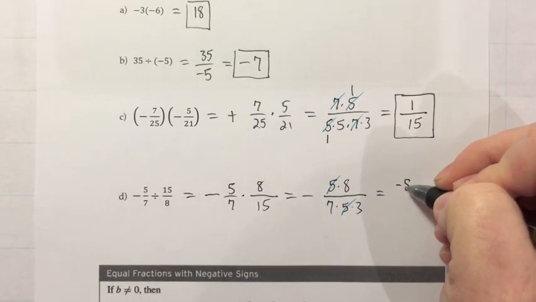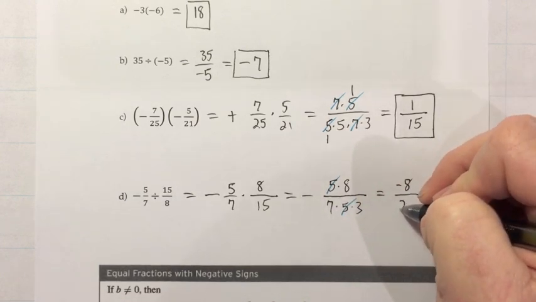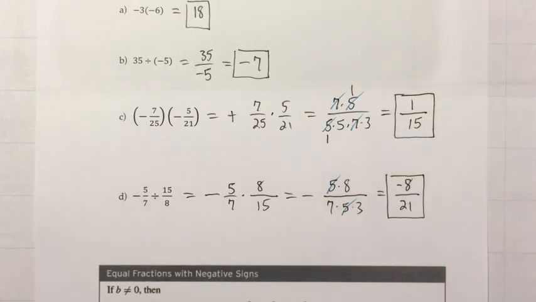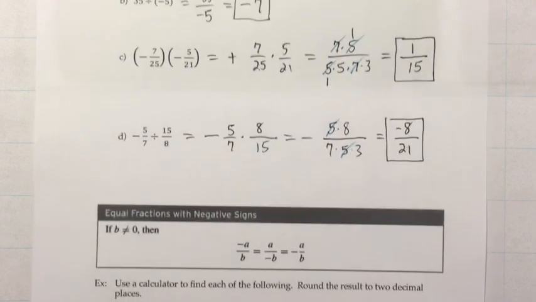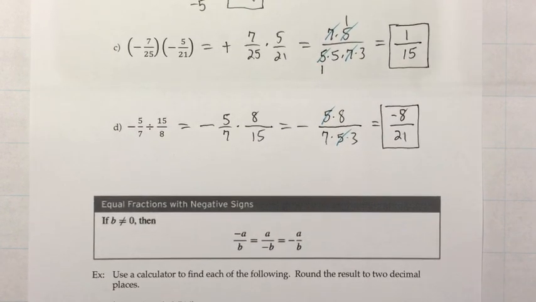I'm going to show that in the top, so negative 8 over 7 times 3, which is 21. It's actually a little strange for me to move that negative up to the top. I tend to like a negative out front more than in the numerator. But I did that just to point out this rule down here about signs.